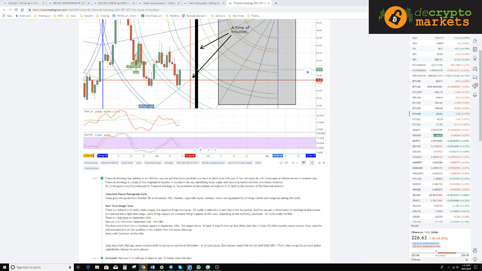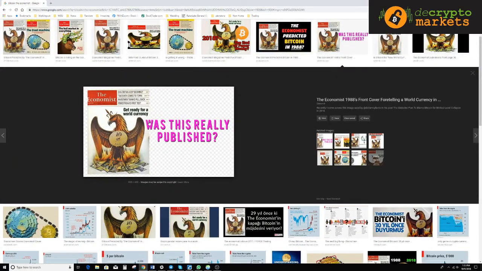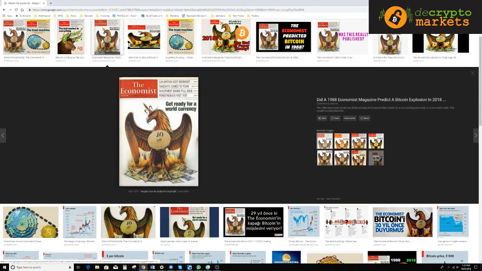Well, was this published already? I'm searching in Google Images for a better picture. This is from 1980-something, I don't remember, but what's interesting is that it says getting ready for a world currency, and you see the dollar burning, and it says 1010 Phoenix.